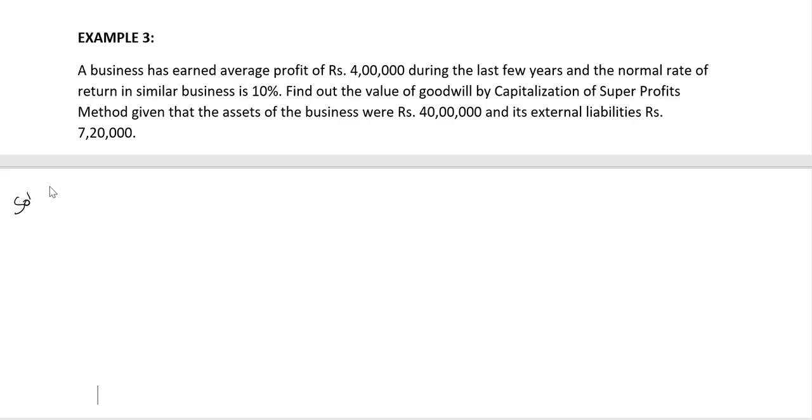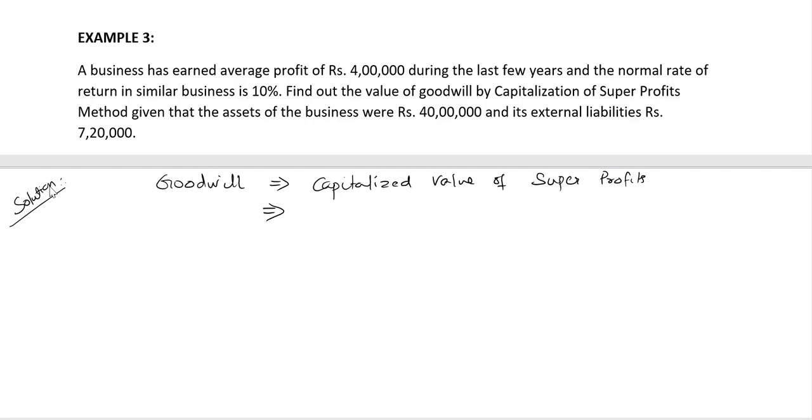So it's capitalization of super profits method. So under this, the formula for calculating goodwill is equal to the capitalized value of super profits, which is equal to the super profits multiplied by 100 and divided by the NRR.